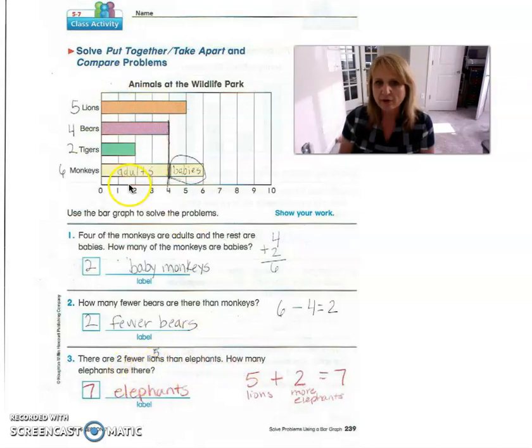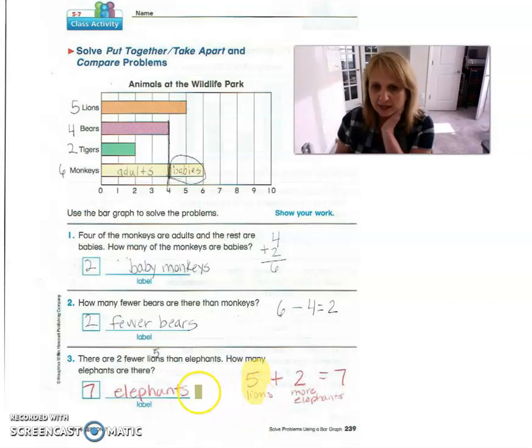So up here in our graph, it did not have elephants listed, did it? But it did have lions, and we knew that there were 5 lions, okay? So we wrote 5 lions, okay? And we knew that there were 2 fewer lions than elephants.